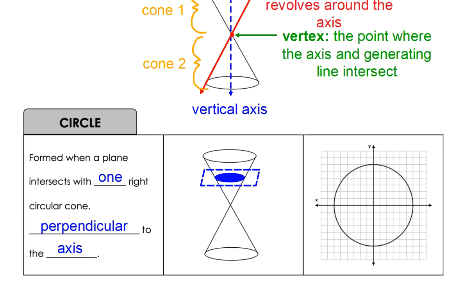Remember, we have a vertical axis from up above. So if we intersect perpendicular to that axis with our plane, we create a circle. And you can see the graph of what that circle might look like on the right. So that's our circle.